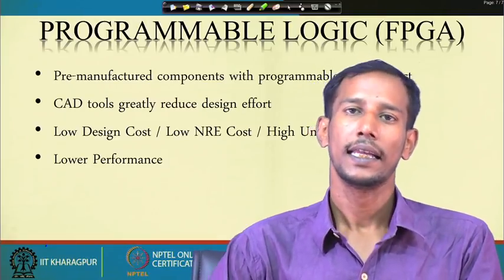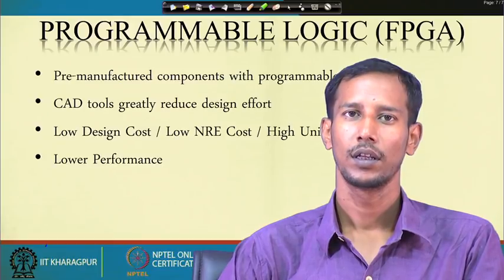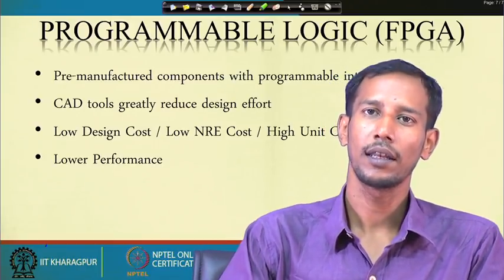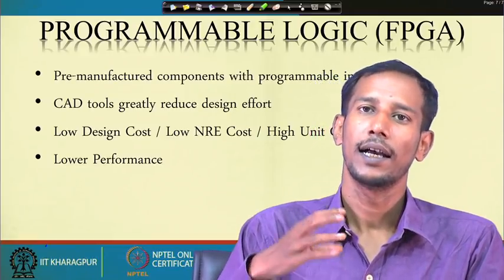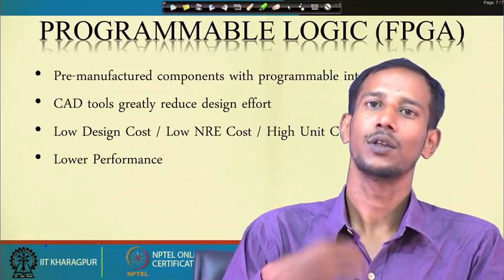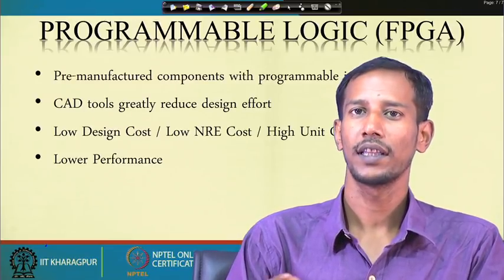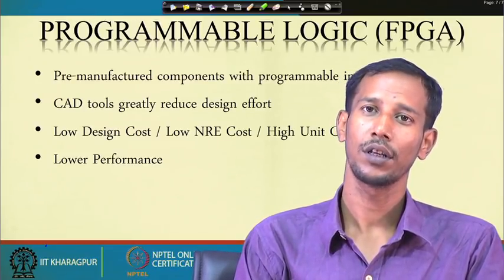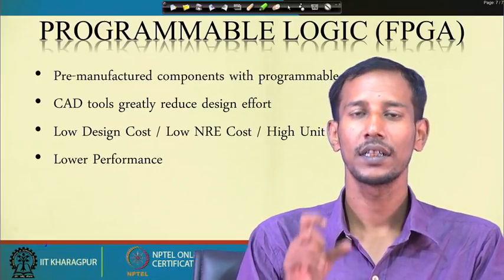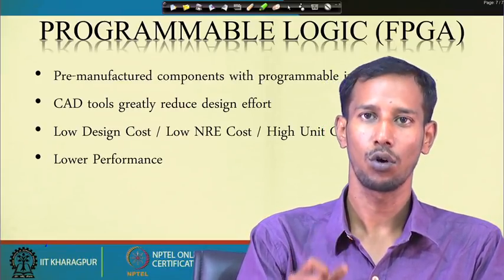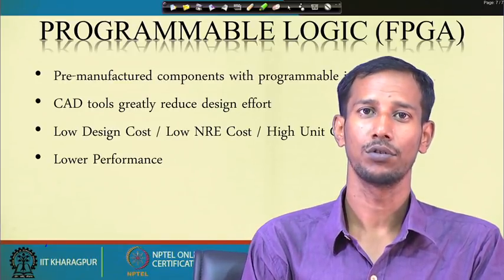Because in semi-custom or full custom design, once you have built your chip, that means you made the circuit, then you made the layout, this layout information you send to the foundry for fabrication. So, that requires some cost for the fabrication also.